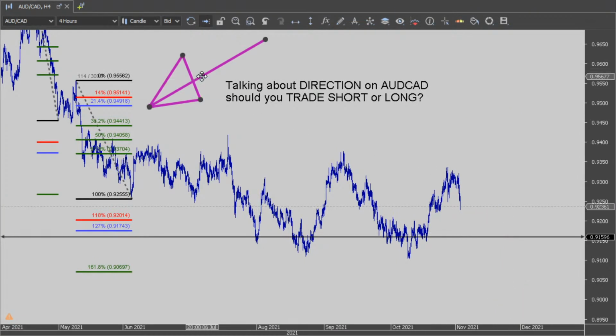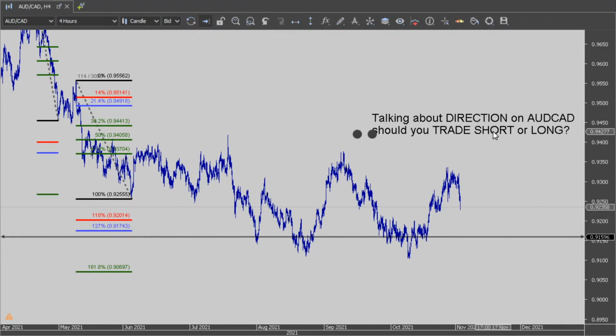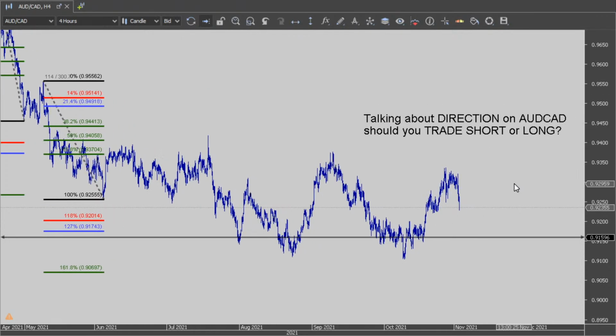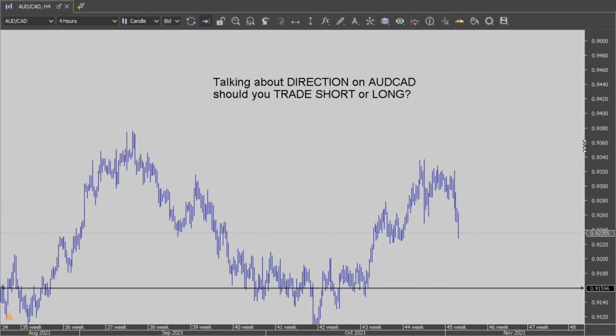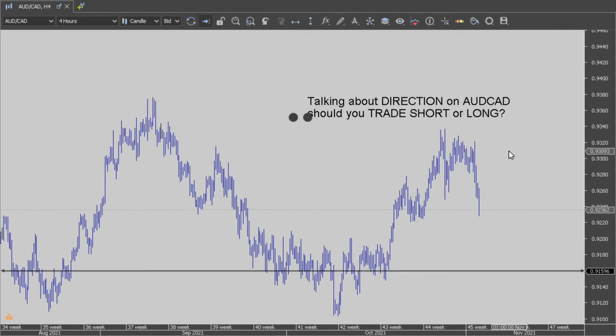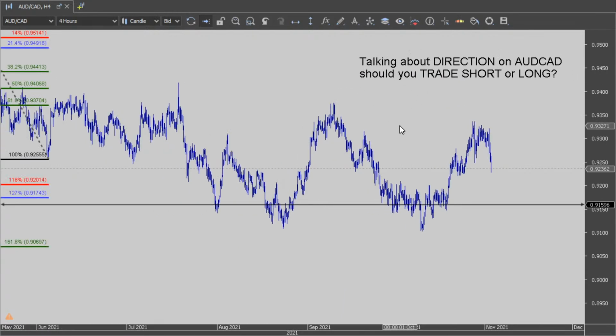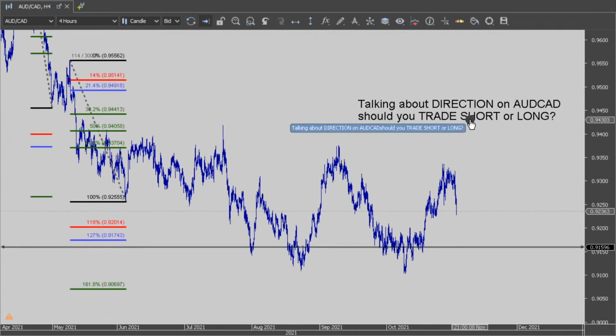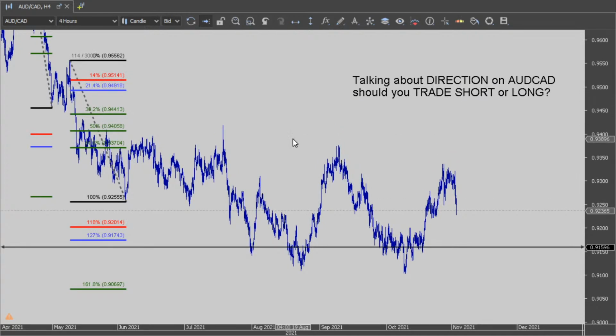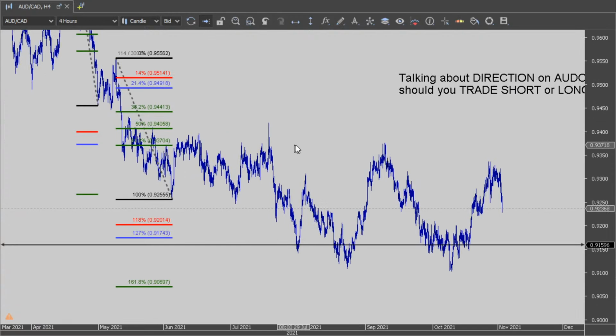You can go long, yes sir. You can go short, yes sir. But those two trades are going to have a different probability of success. And if you trade with higher probability over and over again, you are going to make pips and money consistently.